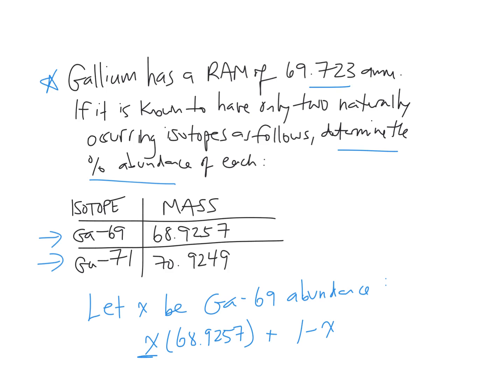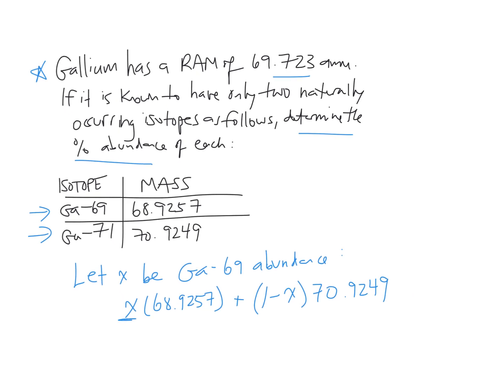So we would have 1 minus X times the mass of the other one, 70.9249, and that whole thing is going to equal the relative atomic mass that was given, 69.723. So this is what we're going to have to solve.